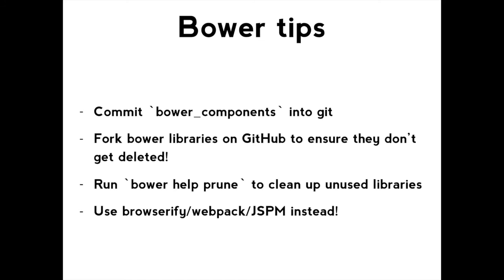A way of getting around that on GitHub is to fork any library that you depend on onto your own GitHub org. So if it does get removed, then it will remain on your account, unless it's a private library, but let's not talk about that. And that will freeze it in time as well, so you know that thing's always going to stay the same.